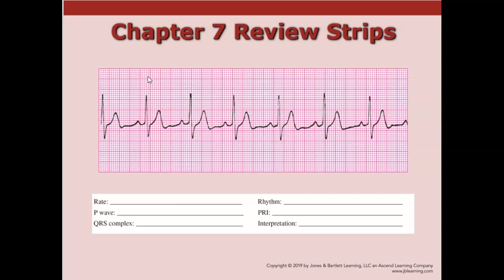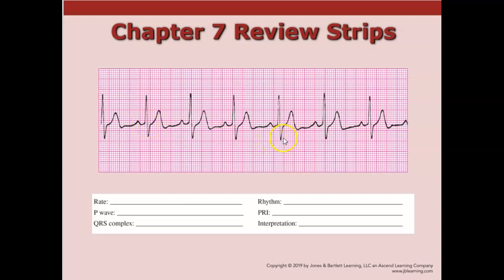Right now we're just looking at our specifics, because we haven't gotten into sinus and what all of those rhythms look like. So we see that our rate is in the 70s.